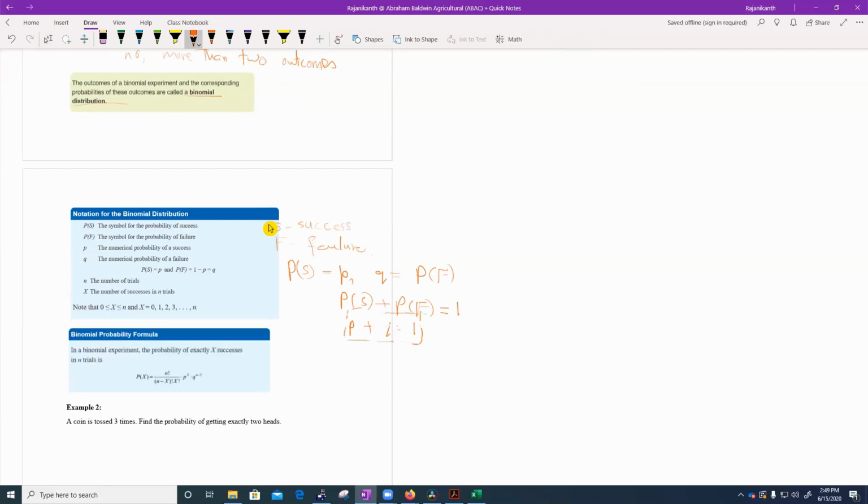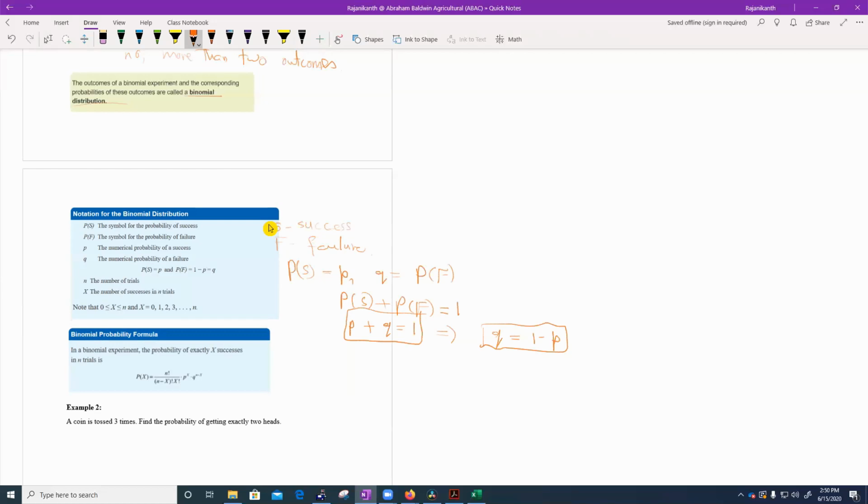This means you could write Q in terms of P. That is, if you move P to the right, you will get Q as 1 minus P. Okay? So this is another relationship between P and Q. P plus Q is always 1, or Q is equal to 1 minus P. Okay? Keep in mind this relationship.